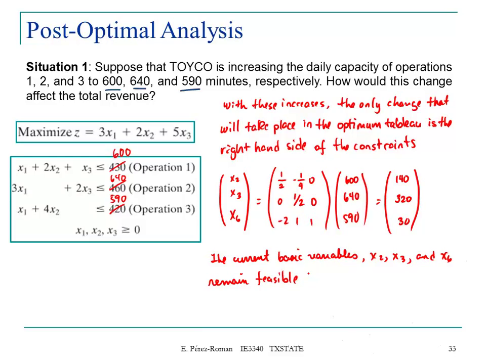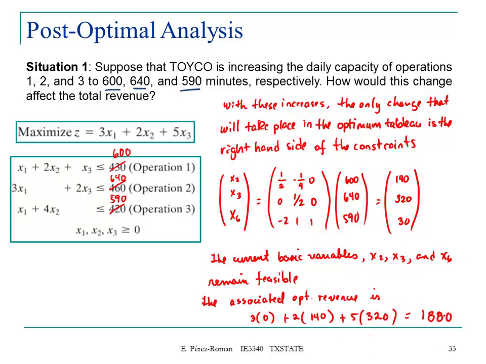Okay, so they stay feasible, and the associated optimum revenue is 3 times 0 plus 2 times 140 plus 5 times 320, and that is equal to this.